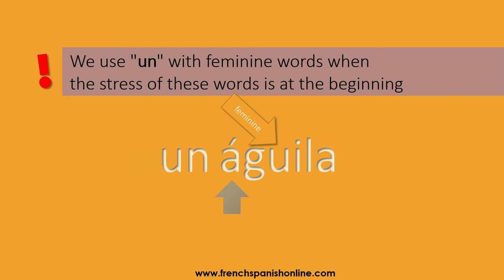If you want to say an eagle, in Spanish you will say un águila. And we are not going to use here, in this case, the proper feminine indefinite article, just because the stress is on the first syllable.